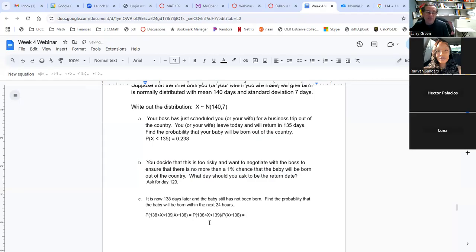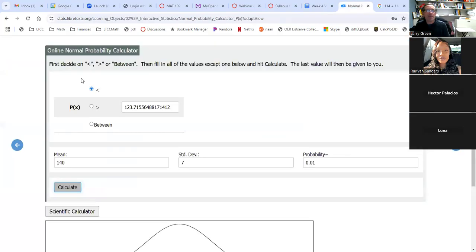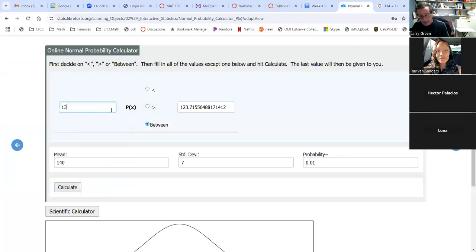Okay, so now we just compute 138 to 139. Now we're going to do it between 138 and 139. Going to erase the probability, click calculate. Oh, I typed it wrong. 138. That's better. And you get about 0.05565. So I'm going to just copy and paste that.